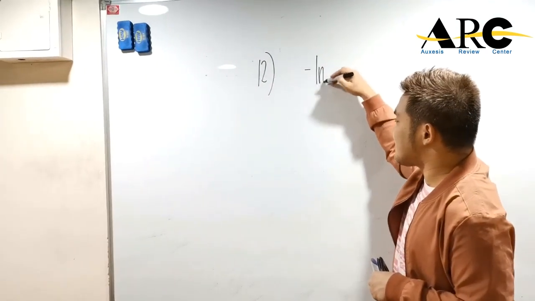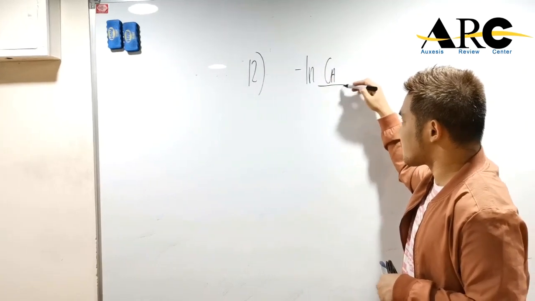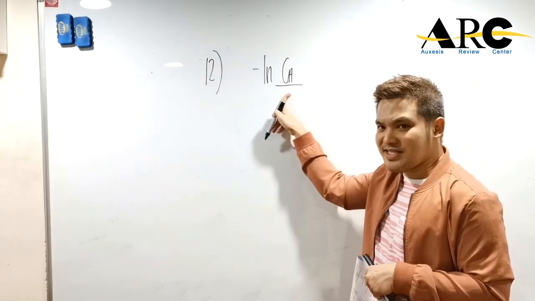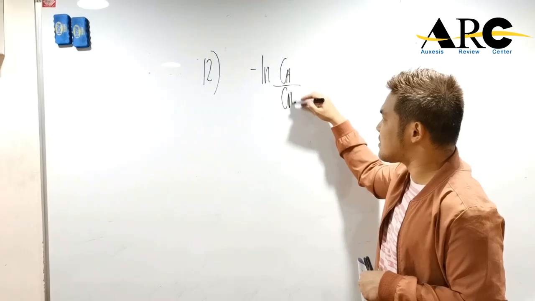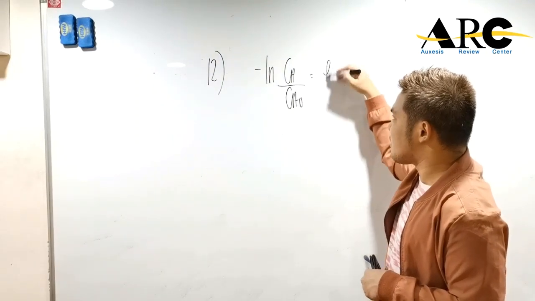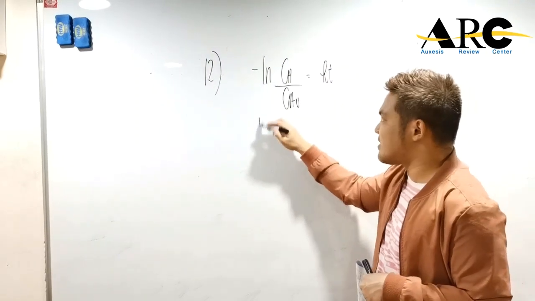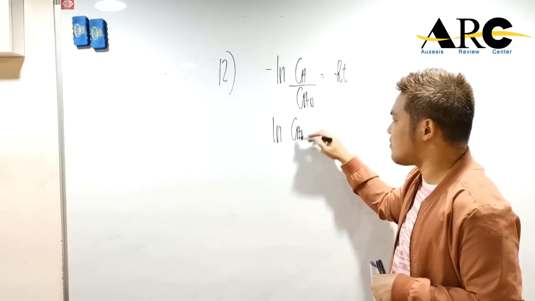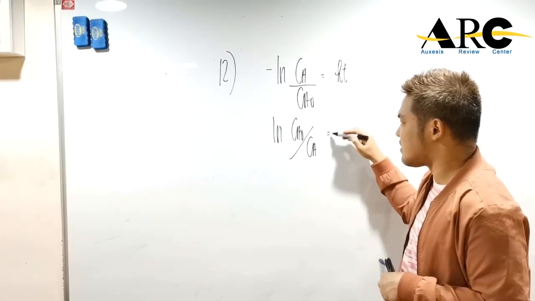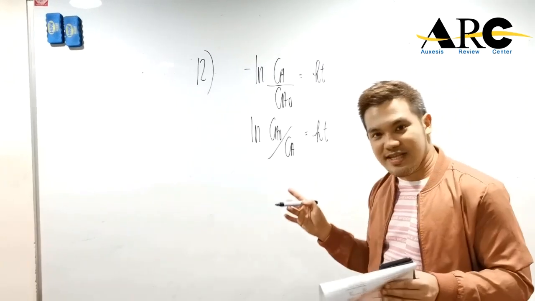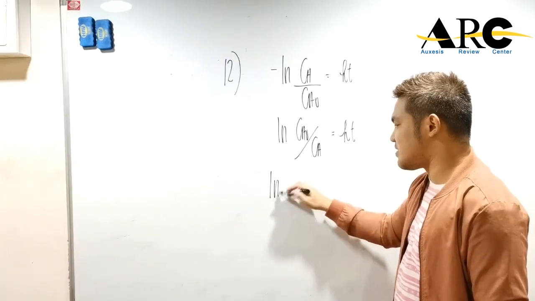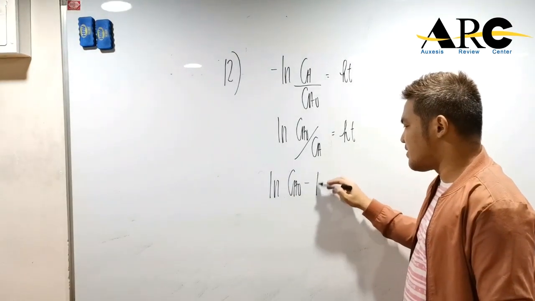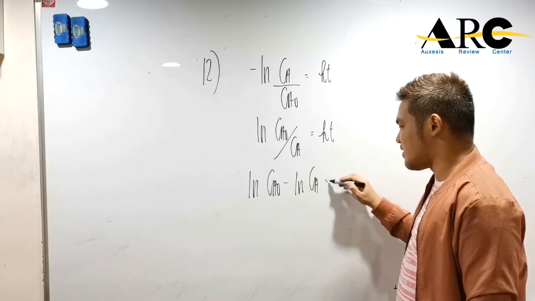So, alam naman natin that for first order, negative ln CA over CAO equals KT. Or pwede natin sabihin ln CAO over CA equals KT. I-linearize lang natin. So, we have ln CAO minus ln CA equals KT.